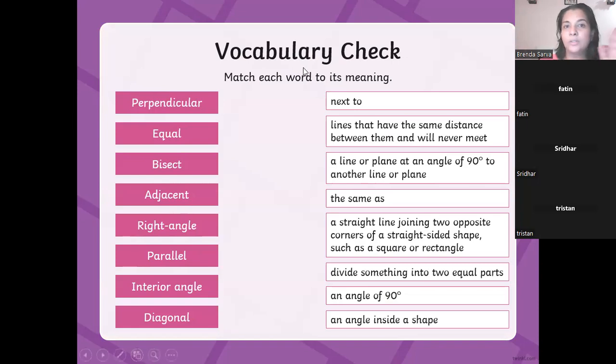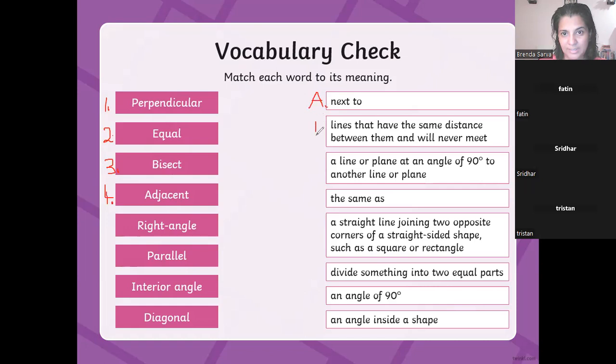I will put alphabets beside it and you tell me the answers. So guys, perpendicular means what? Equal means what? So perpendicular is number 1, equal is number 2, bisect is number 3, and so on. Numbering is on the left, alphabets on the right.